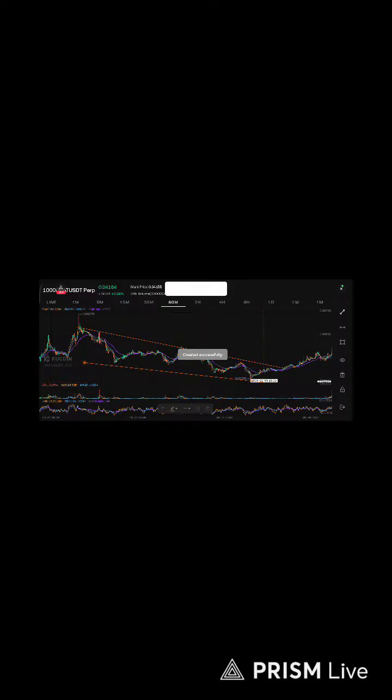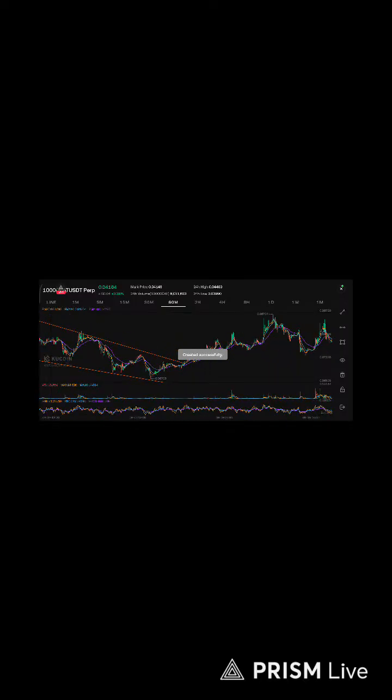Have you seen it? We waited. Now look at what happened. There was a break of structure here. It didn't just buy in this zone. We waited for a break of structure, which was here.